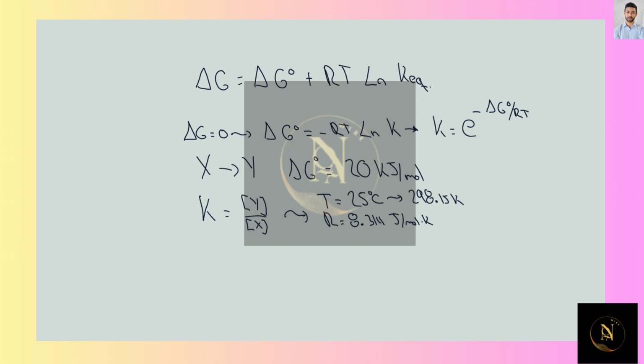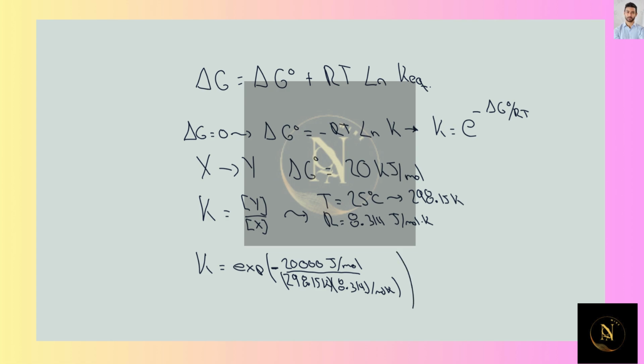Now, we're going to simply solve this equation for K, and this is going to give us directly the ratio of concentrations of Y over X. So, the exponential of minus, and 20 kilojoules is directly 20,000 joules per mole to make all of the units match up, divided by 298.15 Kelvin multiplied by 8.314 joules per mole Kelvin.